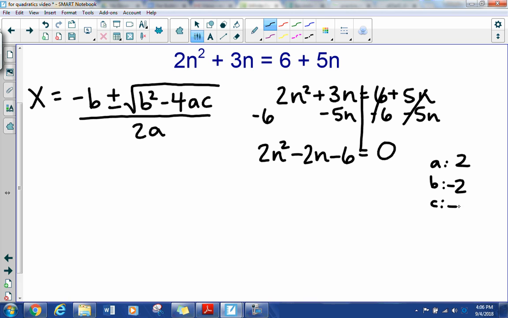Once you've identified A, B, and C, you can plug them into their appropriate places in this quadratic formula. Note that this negative b doesn't actually mean a negative number. It really means take the opposite of whatever b is.